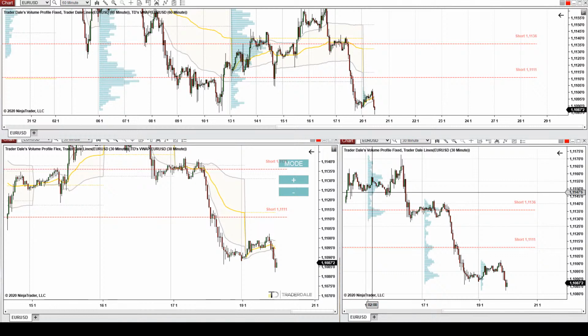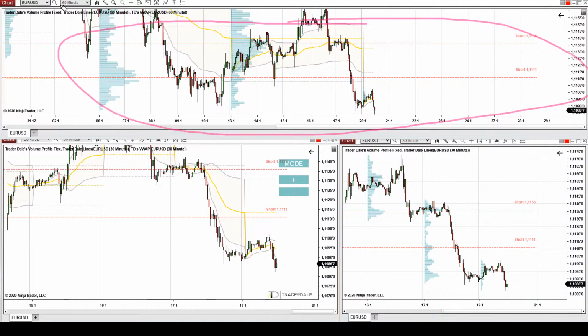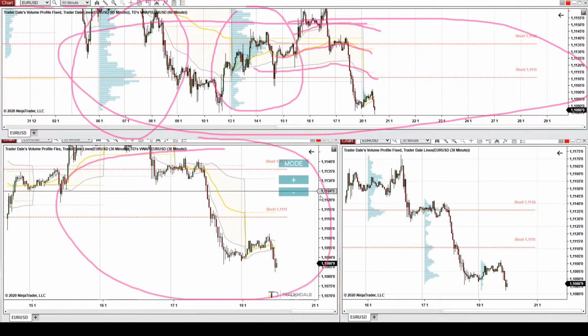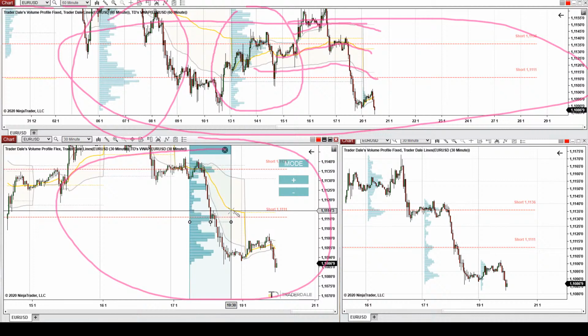The first trading idea is an intraday trading idea. So before you can see my intraday trading workspace. This chart on top is a 60-minute chart of the euro dollar with fixed weekly profiles and monthly VWAP indicator. Then this chart uses a flexible volume profile and also daily VWAP.